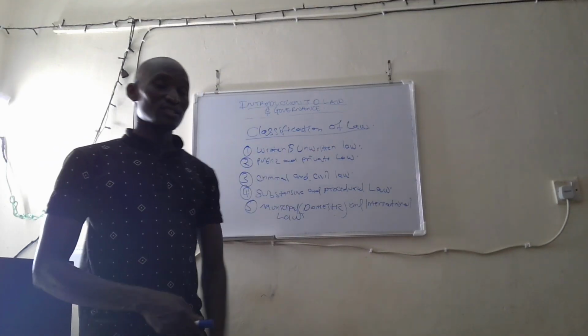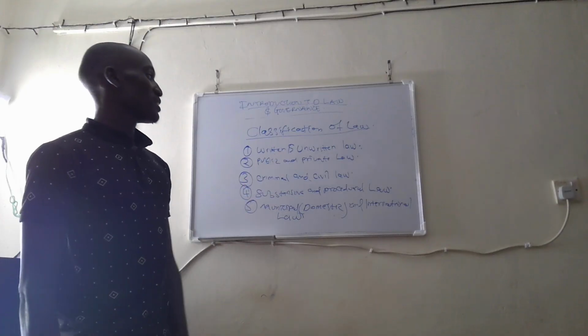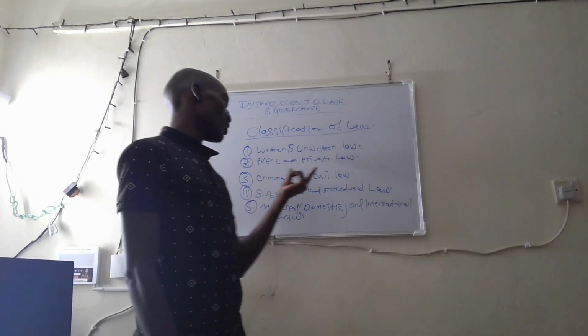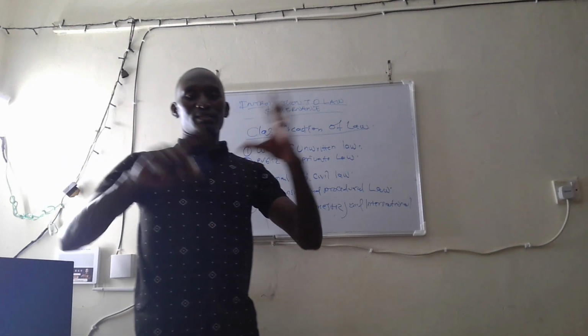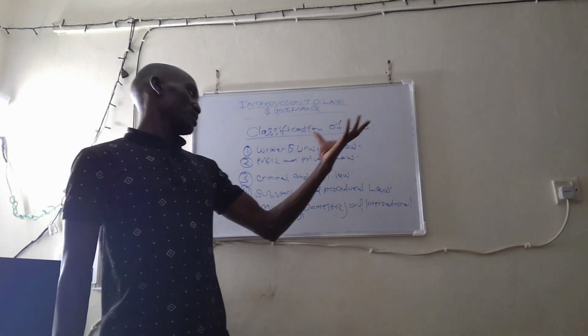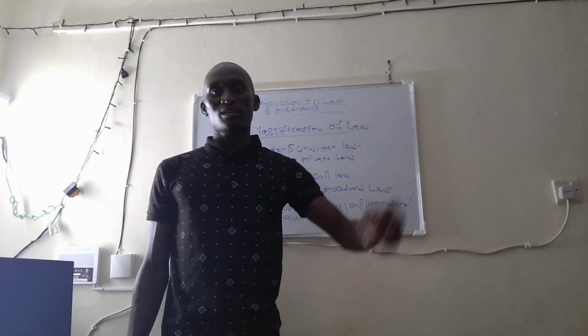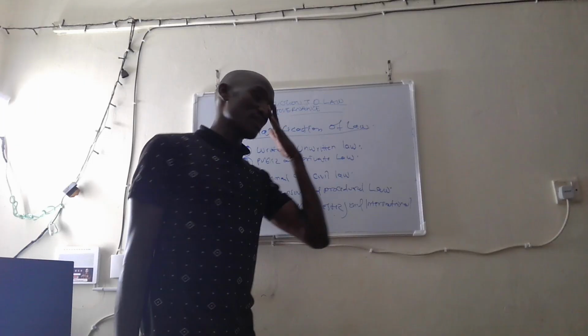There are some countries that use unwritten laws, and now we have public law and private law. Public laws govern the general public, and private laws govern the private sector, like company laws, among others.